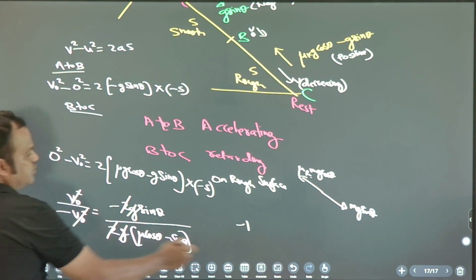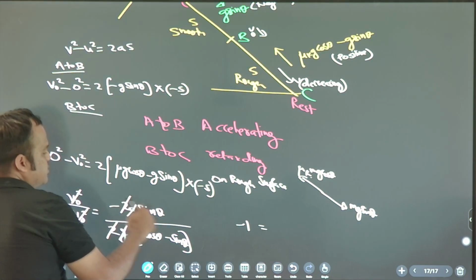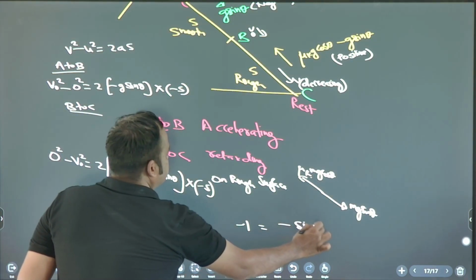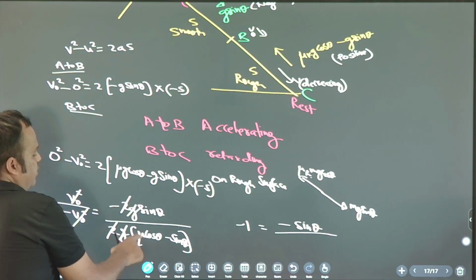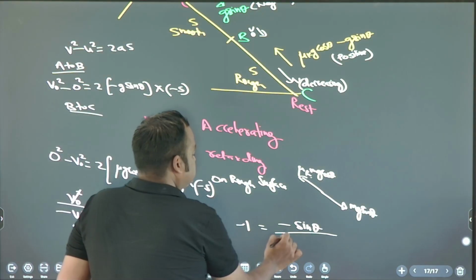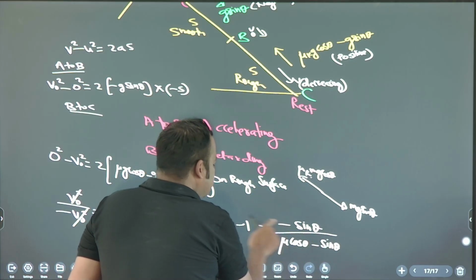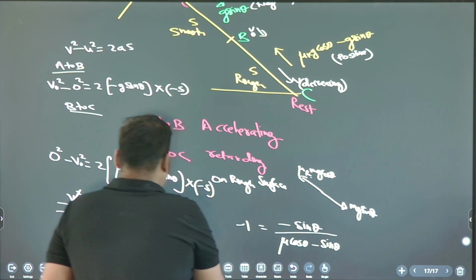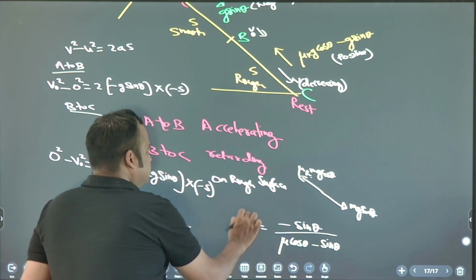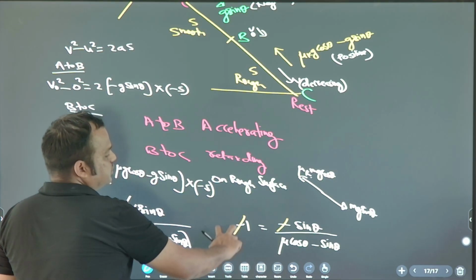Left side minus 1, right side minus sin theta by mu cos theta minus sin theta. Minus minus cancels. Okay, understood?